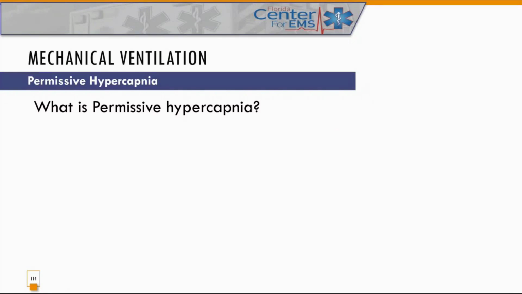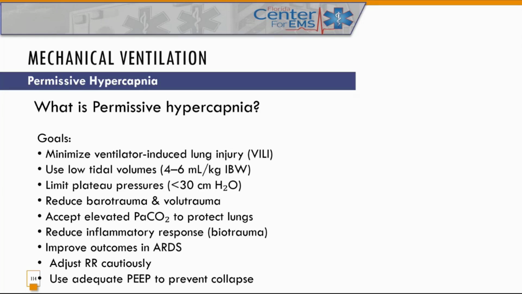It is patients with ARDS and other lung conditions, accepting elevated CO2 to prevent ventilatory injury. I don't want to overpressurize this person, causing damage to their lungs, so I may have them tolerate a little bit higher CO2 so that I don't cause significant damage to the lungs.